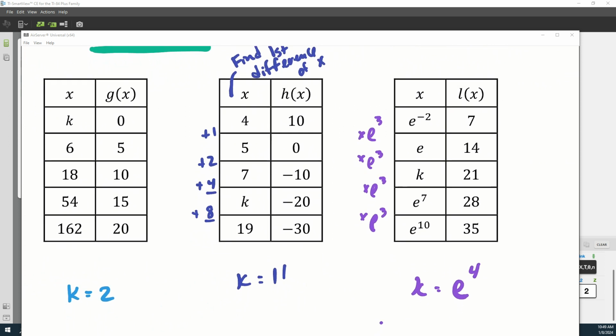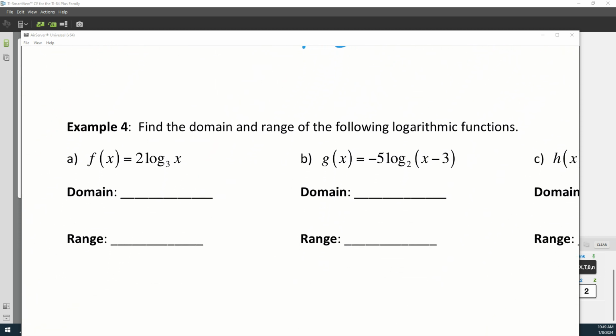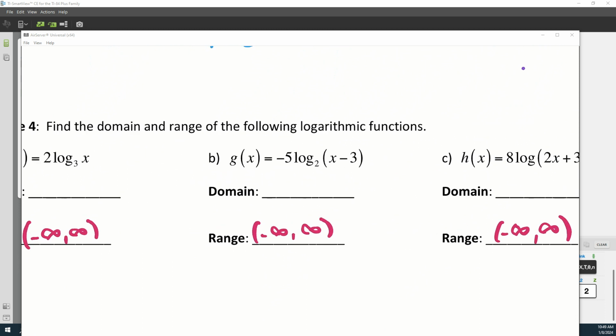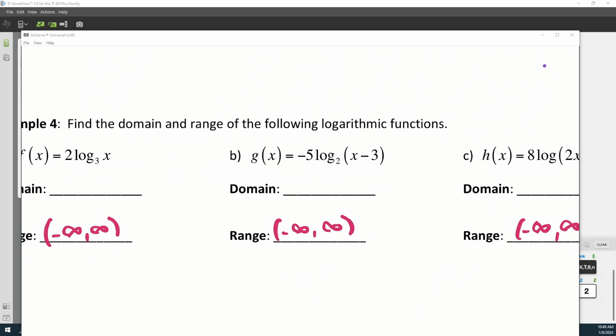All right, and then this very last example, we're going to find the domain and range of some logarithmic functions. Now, the range of every single logarithmic function in the world is all real numbers, or negative infinity to infinity. So we can go ahead and do that and not have to worry about the range, because I know I'm going to have an arrow pointing up, I'm going to have an arrow pointing down.